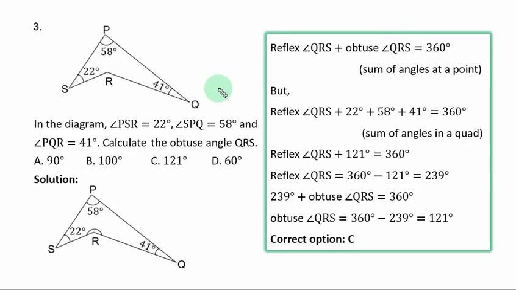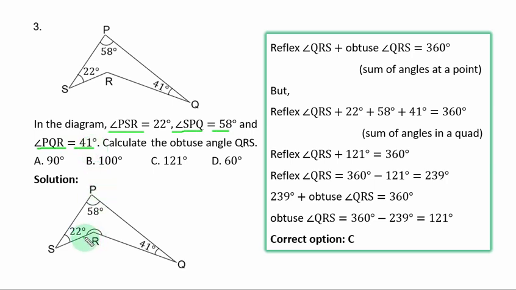Question 3. In the diagram, angle PSR is 22 degrees, angle SPQ is 58 degrees, and angle PQR is equal to 41 degrees. Calculate the obtuse angle QRS.